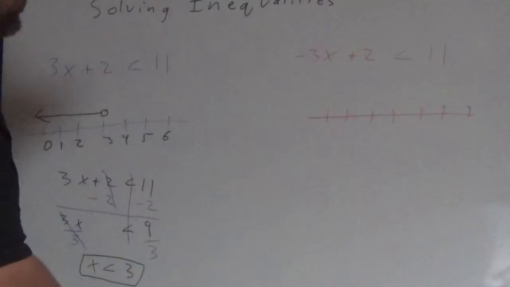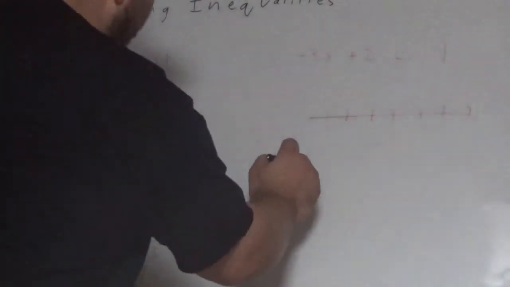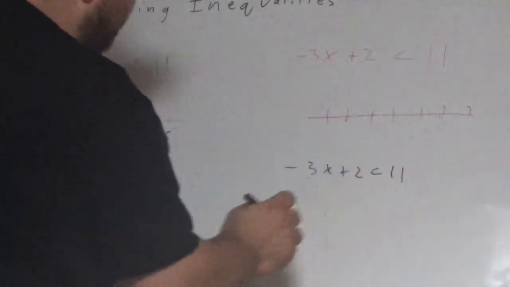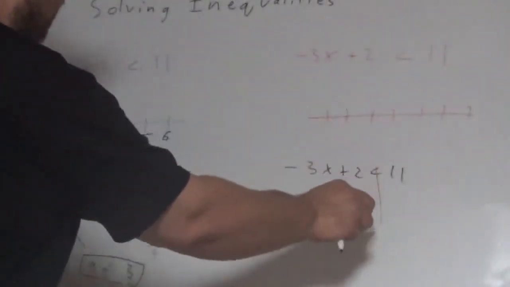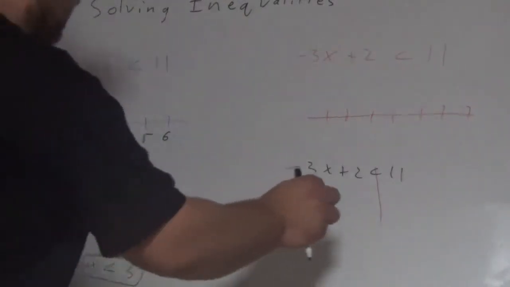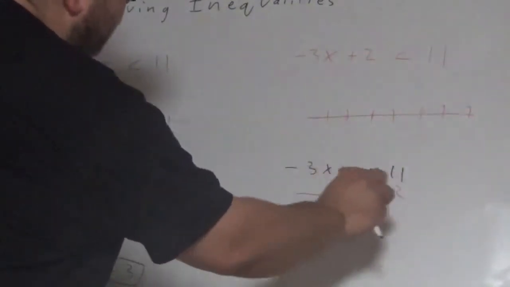So, now we have negative 3x plus 2 is less than 11. Well, this does look like it's pretty much the same thing, just with a negative. So I'm going to draw a line down the middle of the inequality symbol. And now I'm going to, again, subtract 2 from each side.